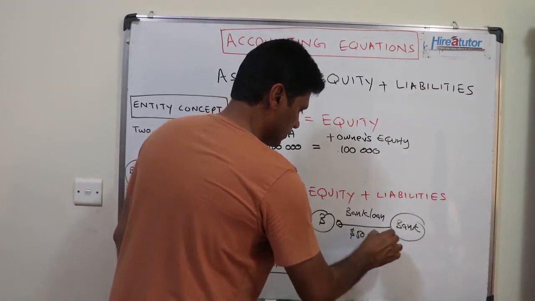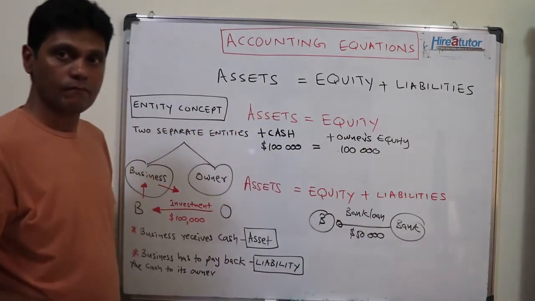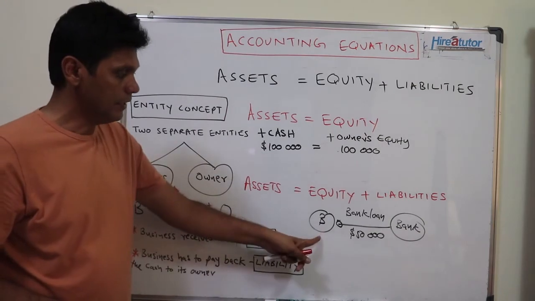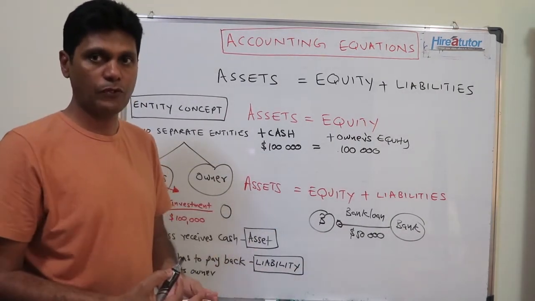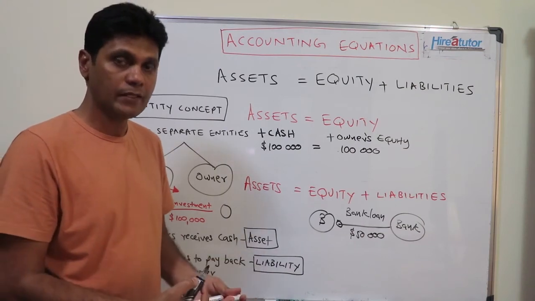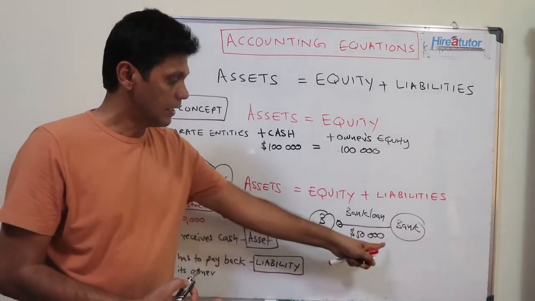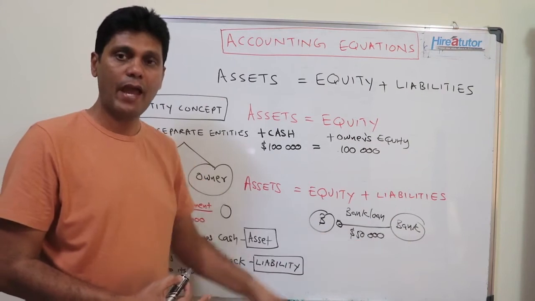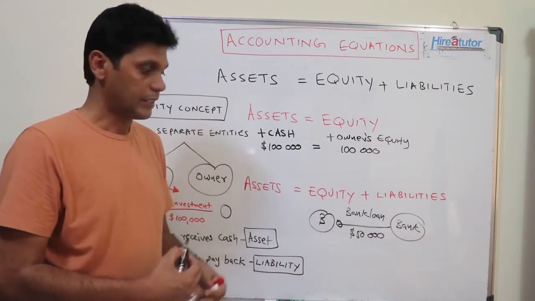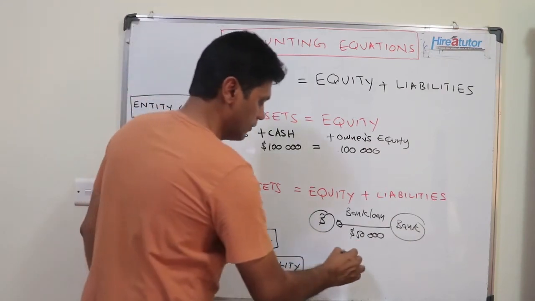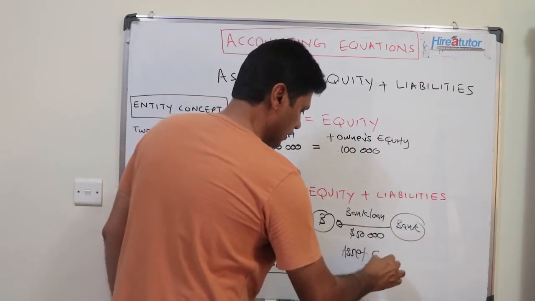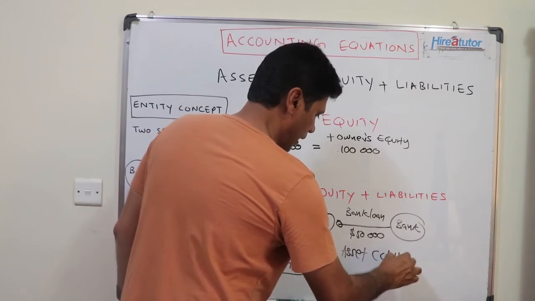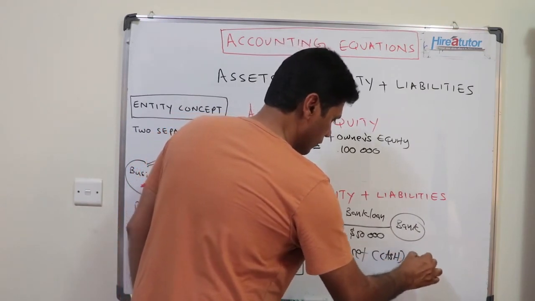Even here there will be a dual impact from the business point of view. What is the dual impact? When the business receives money from the bank, the cash balance, which is an asset of the business, will increase by 50,000.